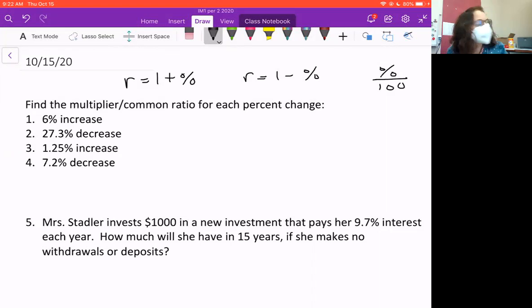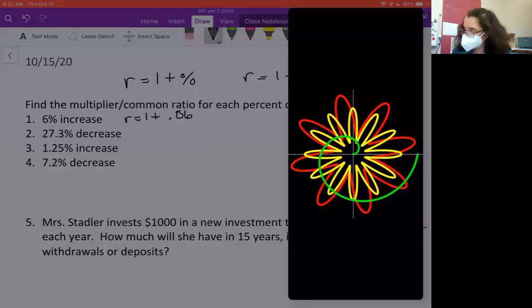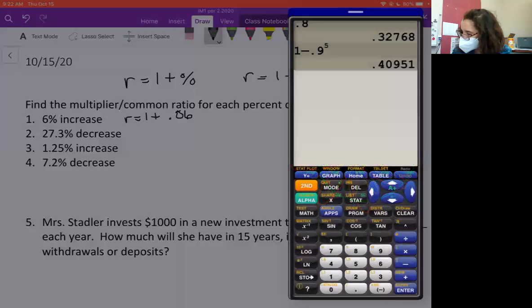So for example, a 6% increase. Increase means we're going to be adding 1 plus the percent. So we got to take 6%, change that to a decimal. Decimal form is 0.06. And again, if you don't know where that comes from, you can grab a calculator and divide.